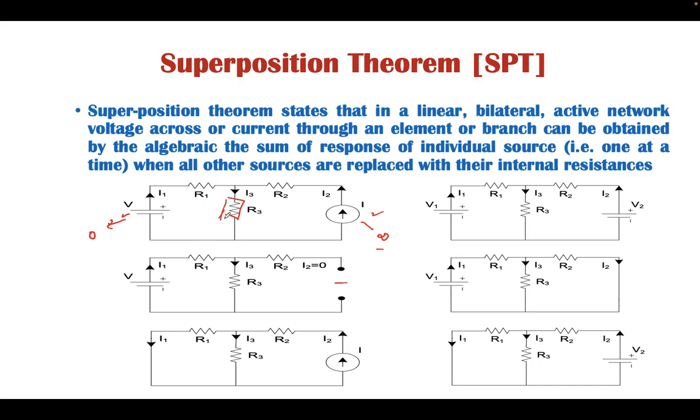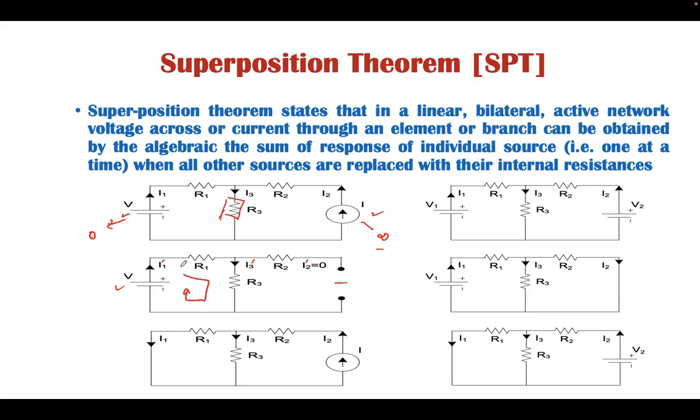Now, applying the superposition theorem, when only the voltage source is considered, the currents flowing in each element are marked as I1 dash, I2 dash, and I3 dash. Since this path is open, the current flows through this path only.